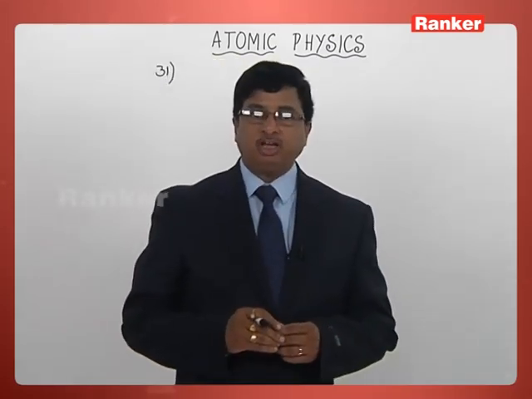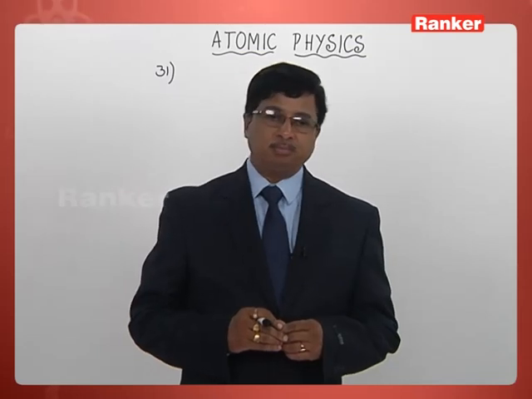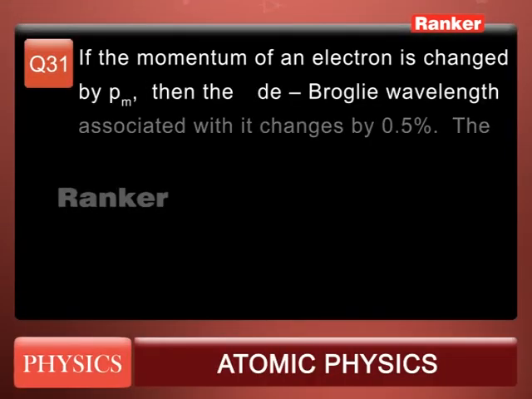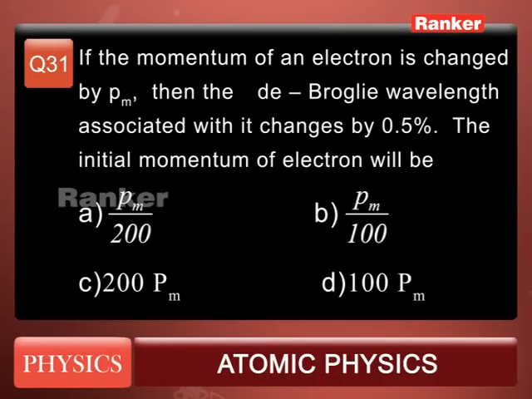Switch over to the next number, problem 31. If the momentum of an electron is changed by Pm, then the de Broglie wavelength associated with it changes by 0.5%.